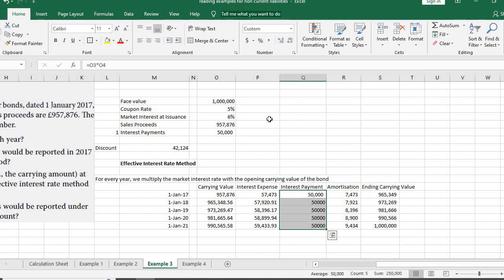So interest payments over the life of the bond remain the same, while we amortize using the effective interest rate method.